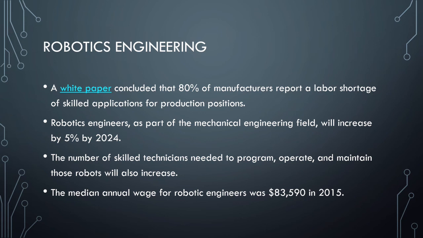And I thought this was really interesting. So the median annual wage, right in the middle of all of the salaries for robotics engineers 5 years ago, was $83,000. I should update this for 2020, it's conceivably higher now, but even 5 years ago the median annual wage was 83,000.